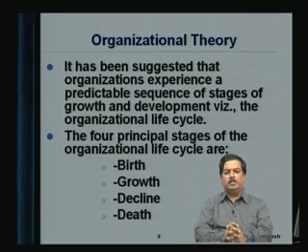So the four principal stages of the life cycle can also be applied to the organizational system. That means we construct these words as the organizational life cycle: organizational birth, organizational growth, organizational decline as well as organizational death.